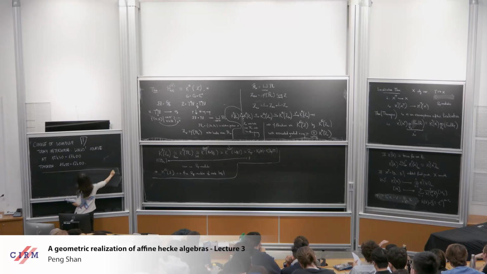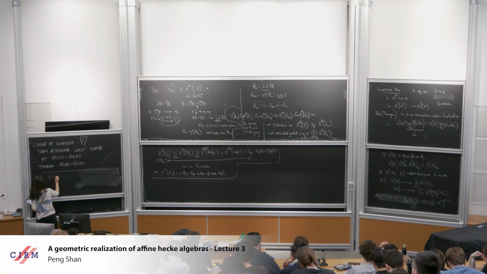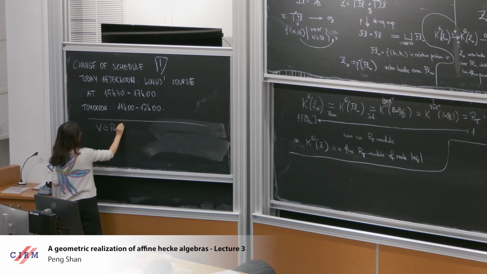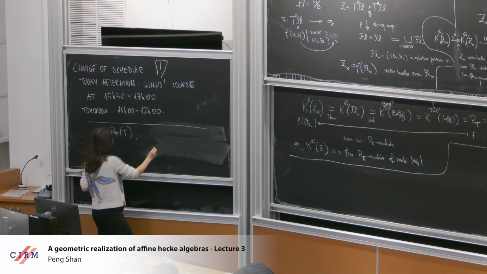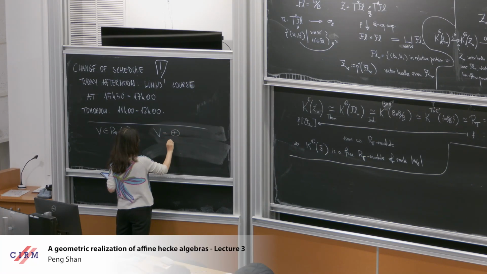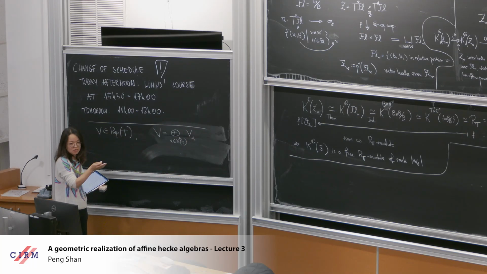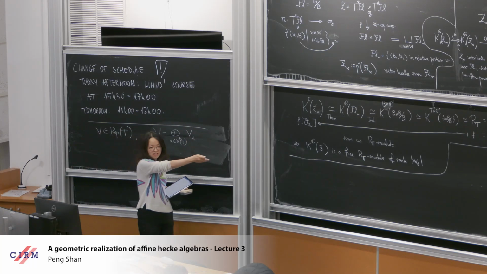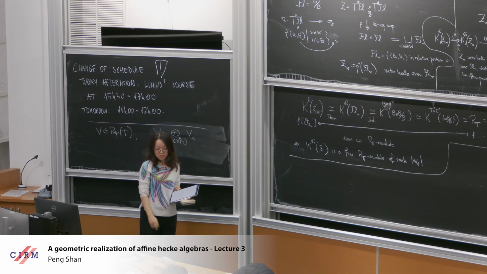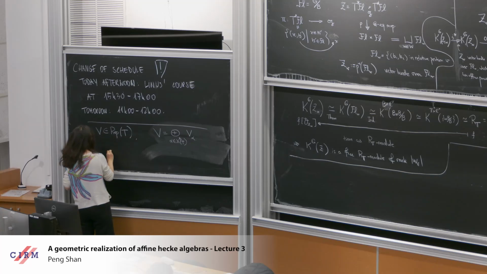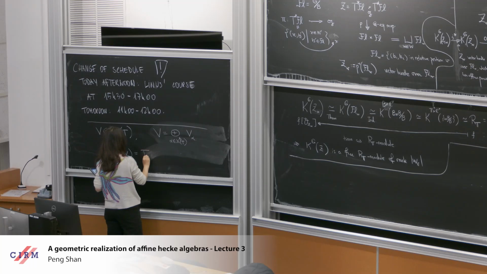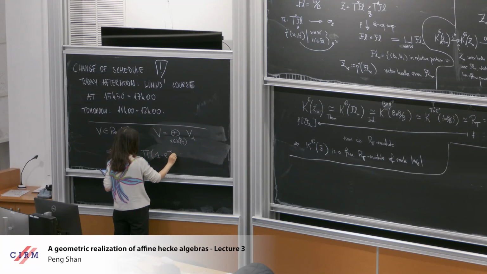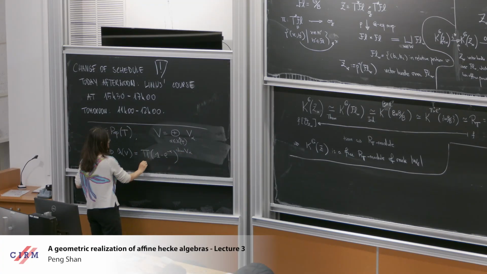For V, a representation of T, you decompose it into weight spaces according to characters of T. And then if you do the computation of the Euler class we defined yesterday by taking Koszul resolutions, etc., you will find that this lambda of V is equal to the product of 1 minus e to the power of minus alpha, to the power of dimension of V_alpha.